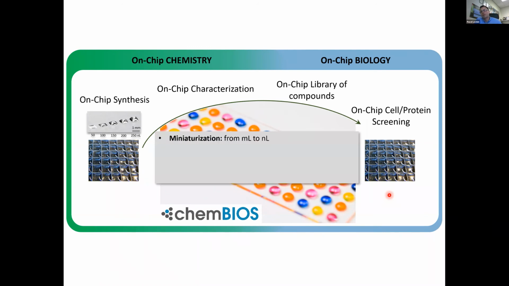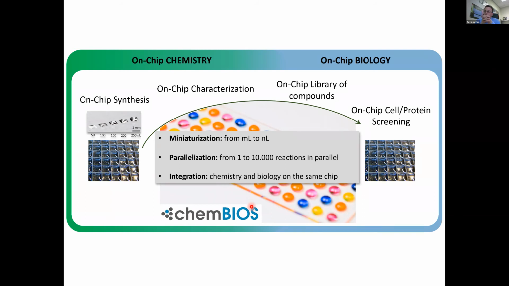So if we could do chemistry and biology on the same chip, we could miniaturize not only biology but chemistry, go from milliliters to nanoliters. We can parallelize chemistry, do parallel reactions, combinatorial chemistry. And what is extremely important, we could integrate chemistry with biology on the same platform, which can potentially accelerate and improve the process of drug discovery.